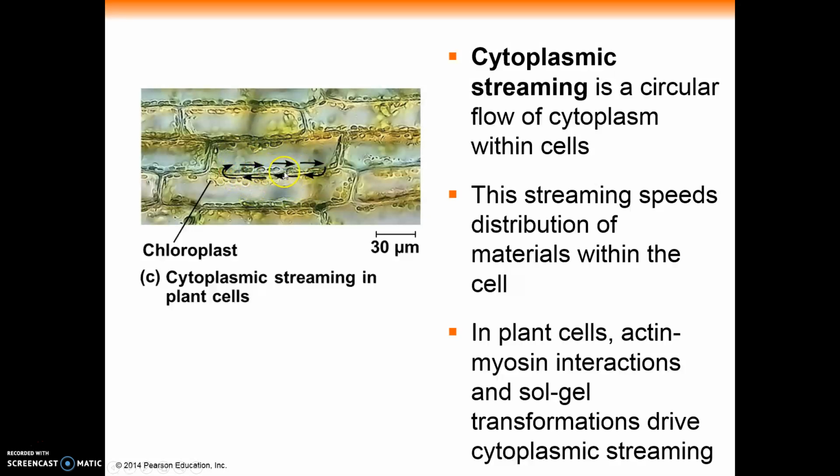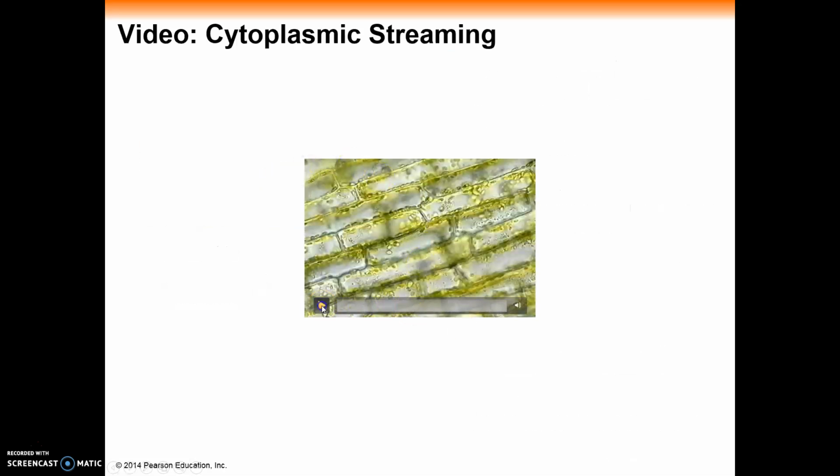And these cells are also actively connected to each other. Here's an example of what that looks like in real life. So you can see how these chloroplasts are moving around the surface, and this is all through actin movement.